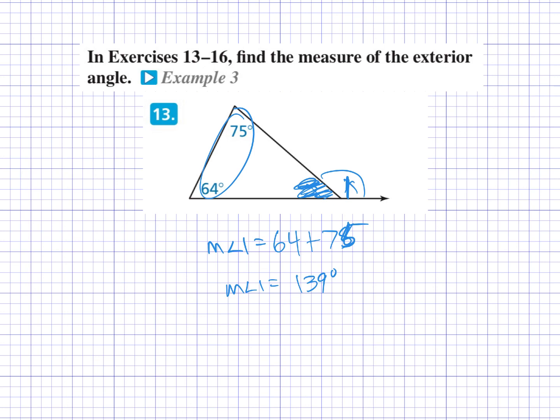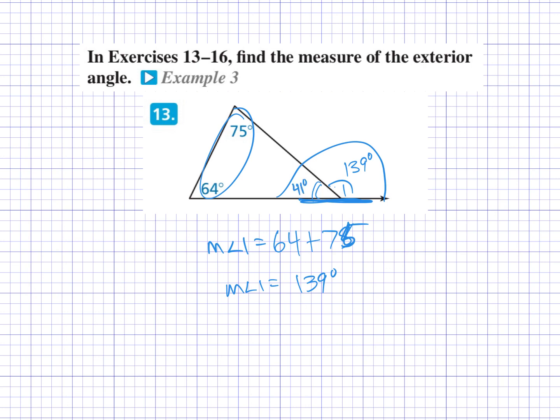Okay? And if you think about it, I'll go ahead and explain again what we did in class. If the measure of angle 1 is 139 degrees, first of all, that's obtuse. This is a straight line, which is 180 degrees. So that means this angle in here must be 180 minus the 139, so that's 41 degrees.